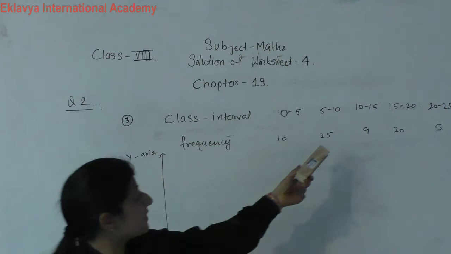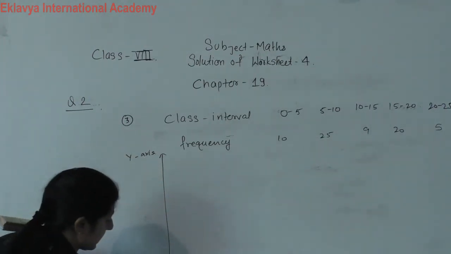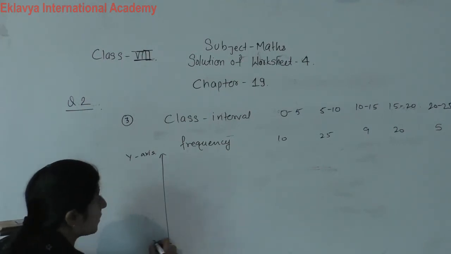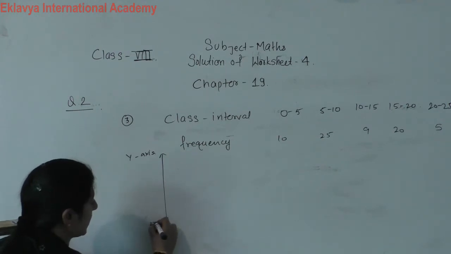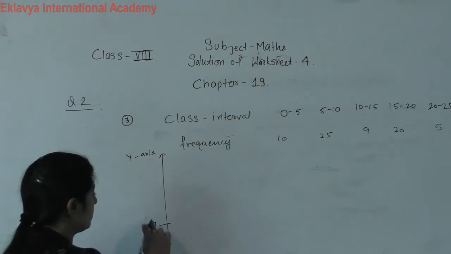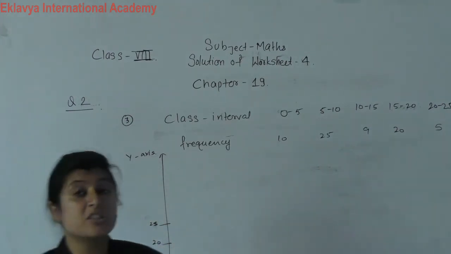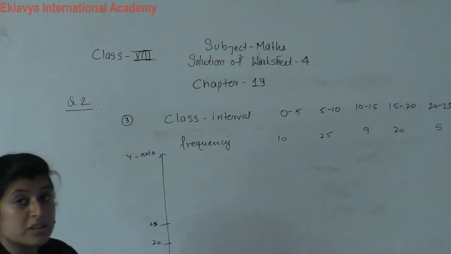Here the highest we need is 25 and the lowest 5, so you can take 5, 10, 15, 20, 25. In a histogram there is no space between two continuous intervals.